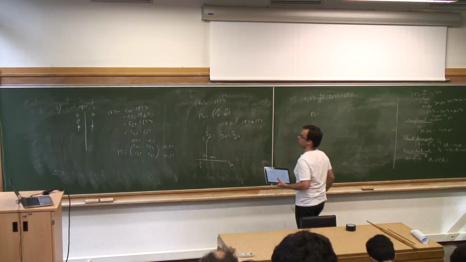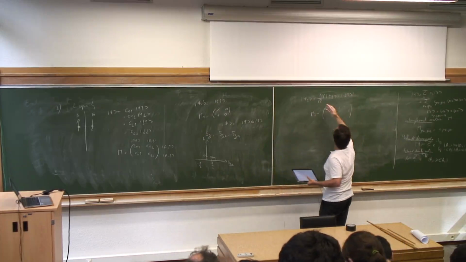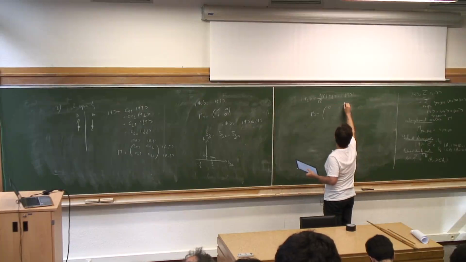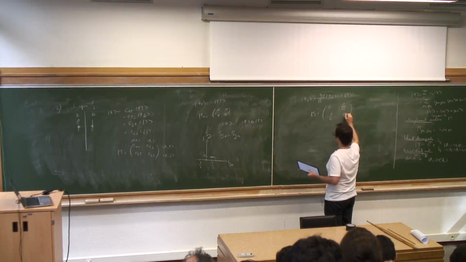Once again, the entanglement matrix, you read it directly from the wave function. It's 0, 1 over square root of 2, minus 1 over square root of 2, 0.